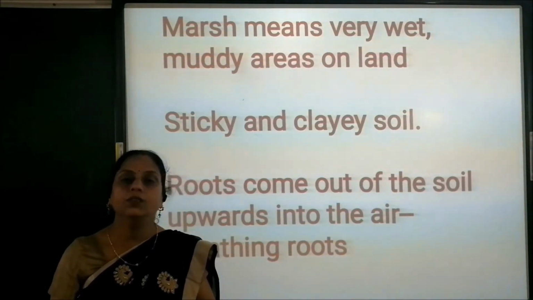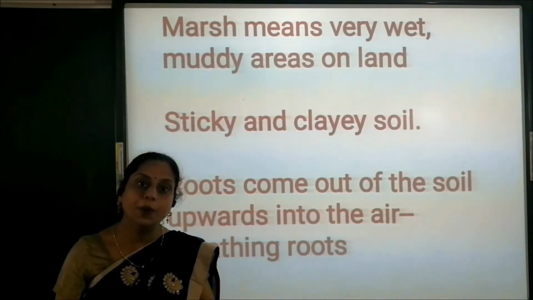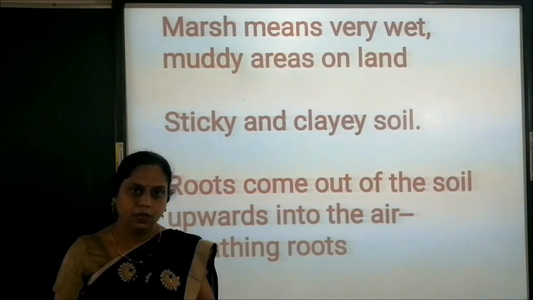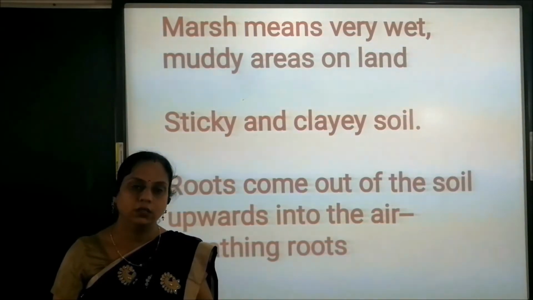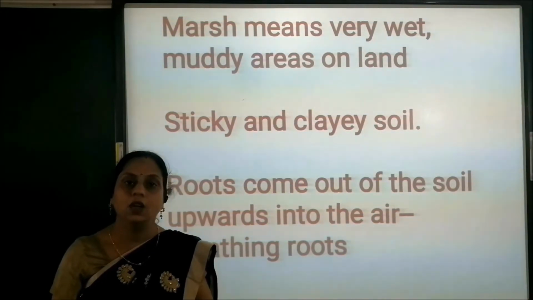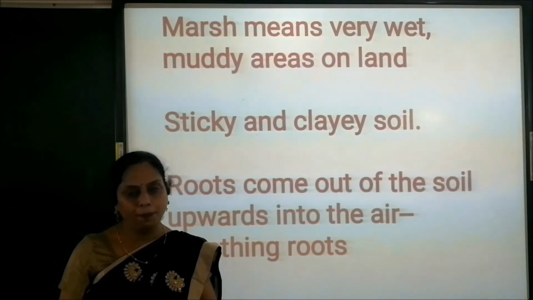So the roots which are under the ground are not able to breathe air, because the soil is clay and it holds lots of water, very little air. So roots do not get enough air to breathe.